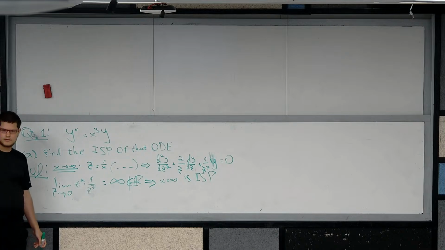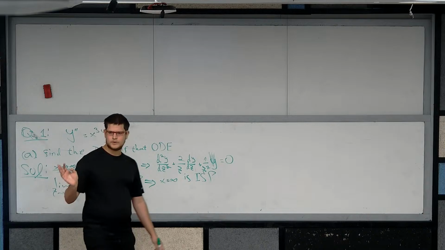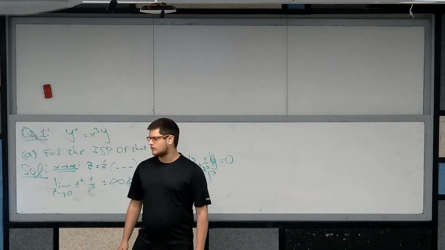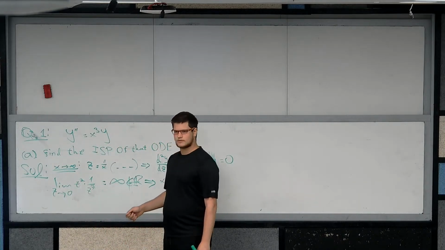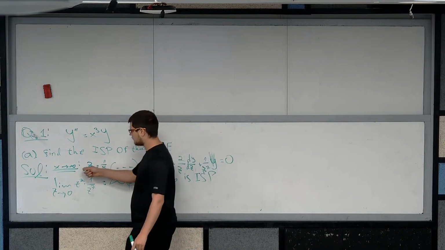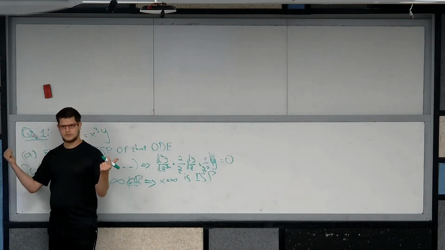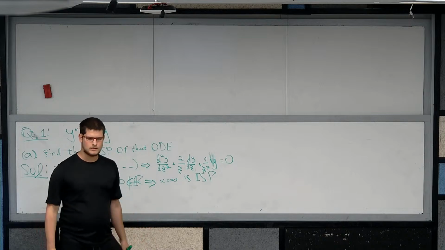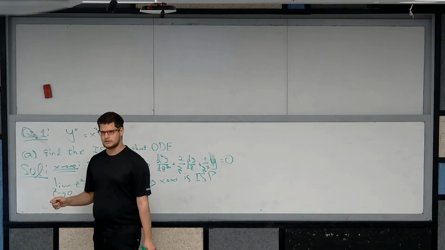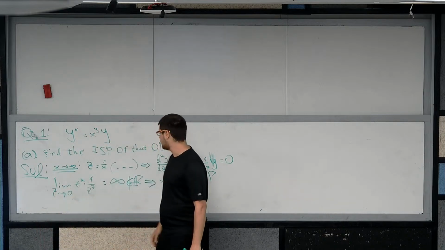So that is a classic question for a test: find the behavior at all points of the ODE. You need to be suspicious and careful and look at the edges, right? x equals infinity and minus infinity are a little bit more tricky.